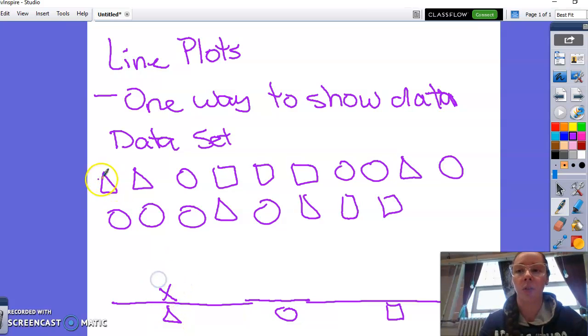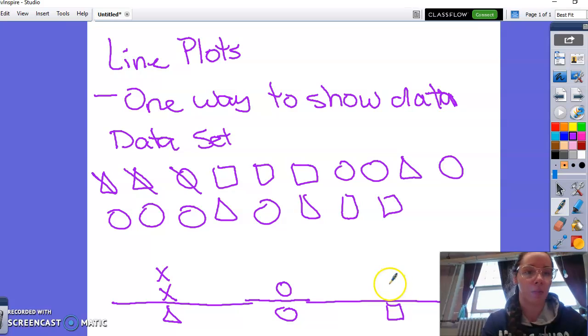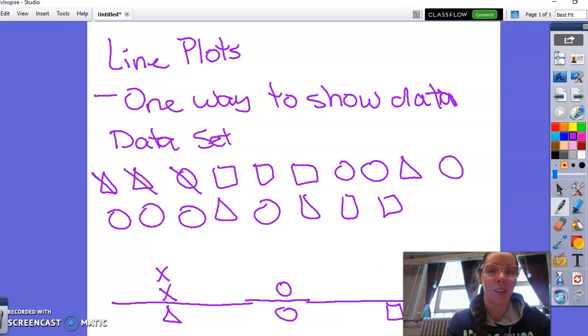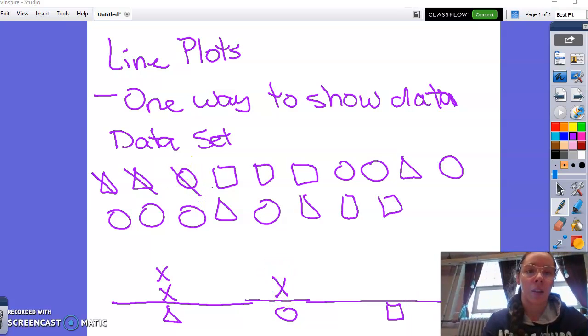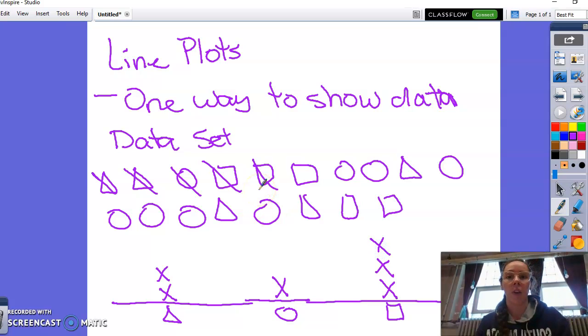So I see one triangle, and here's another triangle, and here's a circle, and here's a, oops, I put a circle instead of an X. Oh no, X. And then we've got a square, and we've got a square, and we've got a square, and on and on. You could go ahead and do the whole thing.